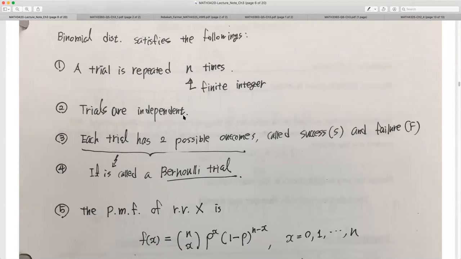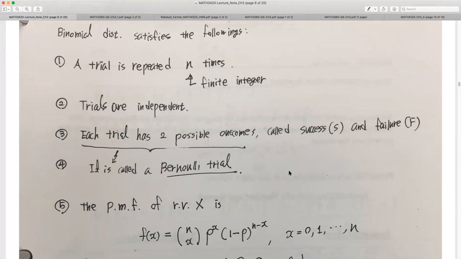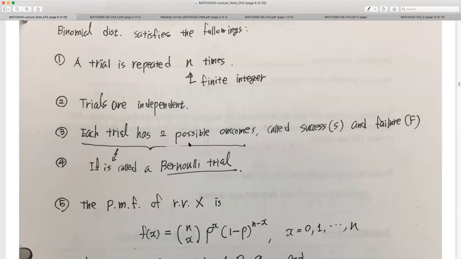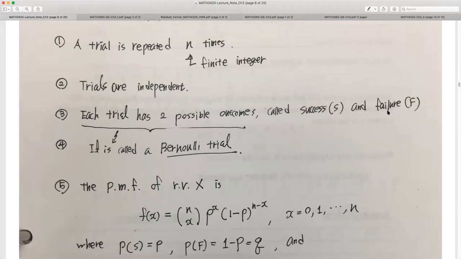In the flipping coin example, the result of each trial does not affect the other trials, right? And each trial has only two possible outcomes. Independent trials with only two possible outcomes are called Bernoulli trials. Let's say those two possible outcomes are success and failure.